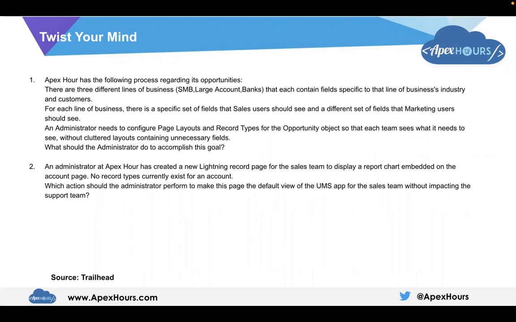If you could see in the last step, we were having to choose an app and the profile also. So we will activate this page, or assign this Lightning page, in the UMS app, and only for the sales team profile, and we will not select the support team profile. That's how you can utilize the Lightning page features and accomplish our goal with this solution.